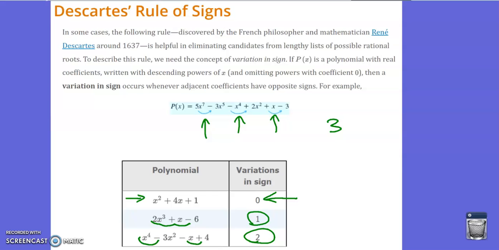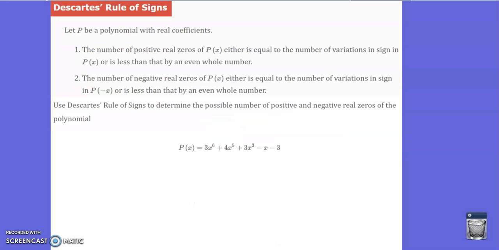So let's look at what he came up with as the rule. If P is a polynomial, the number of positive real zeros is equal to the number of variations in sign, or is less than that by an even whole number. So that's positive real zeros.